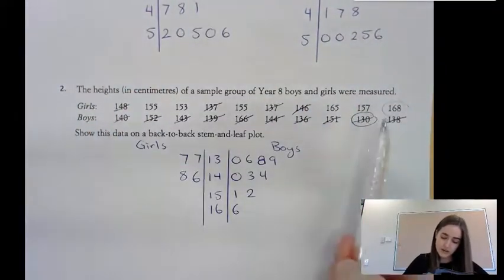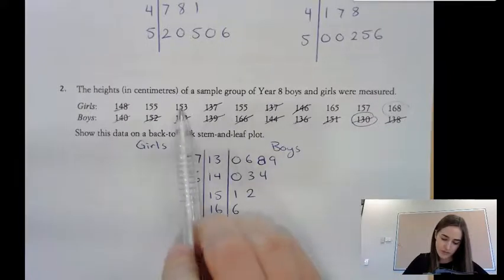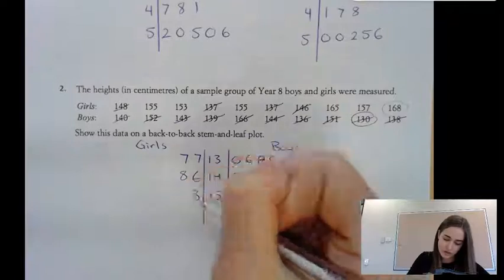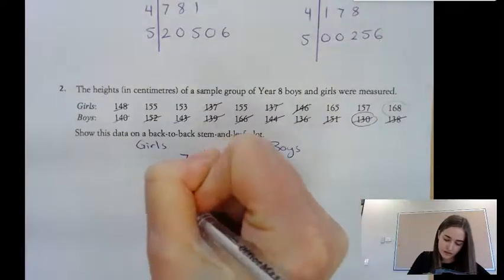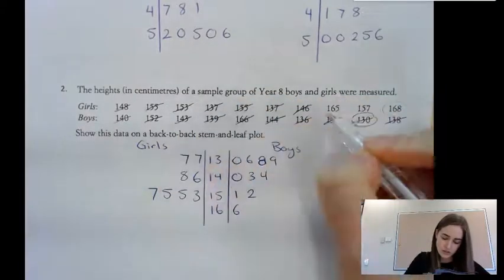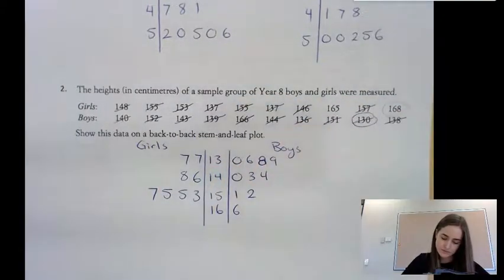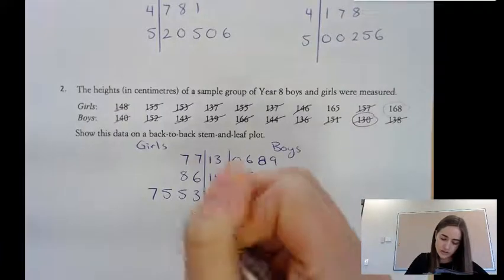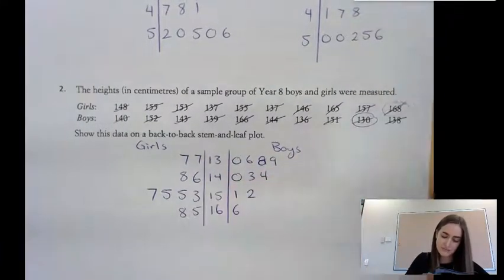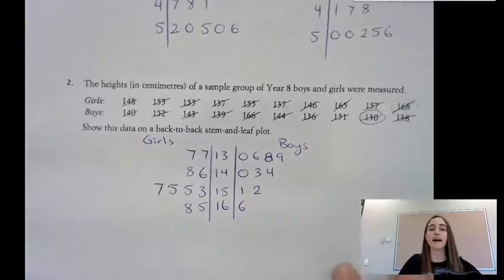Then in my 150s, I've got a 3, 2 5s, and a 7. 153, 155 twice, and 157. So that's those ones. And then I've got 165 and 168. So that is our back-to-back stem and leaf plot.